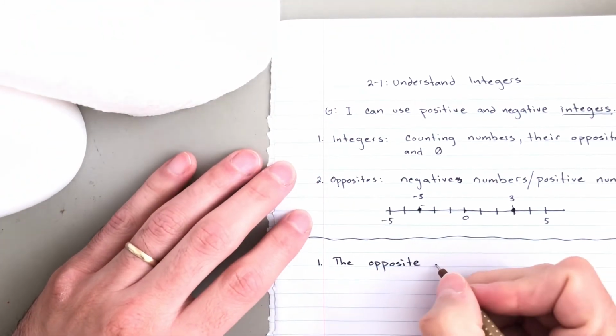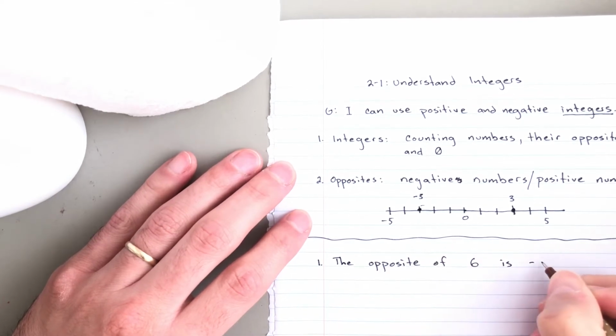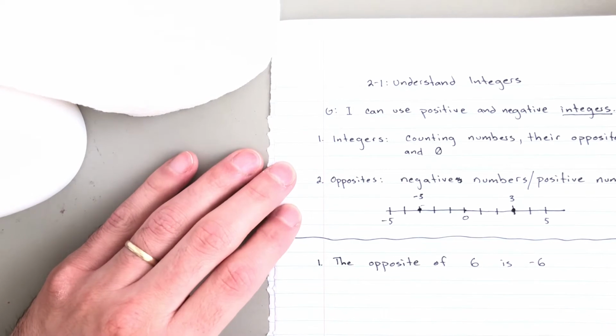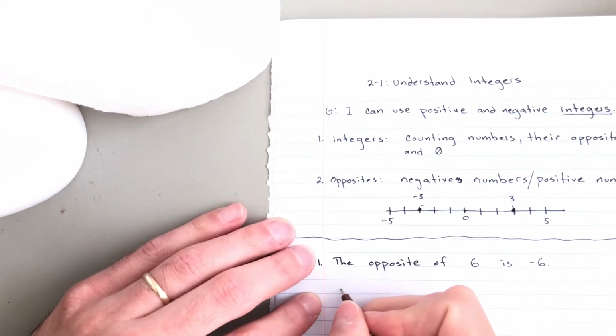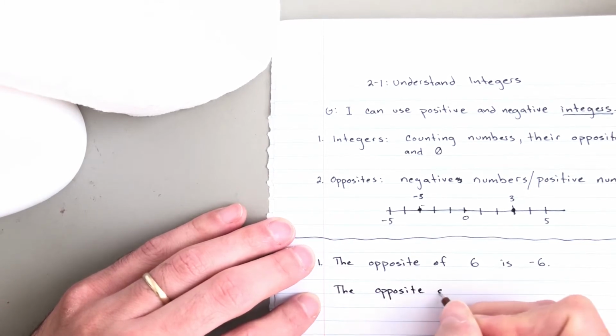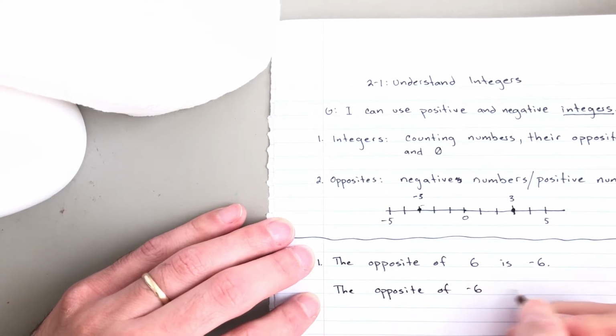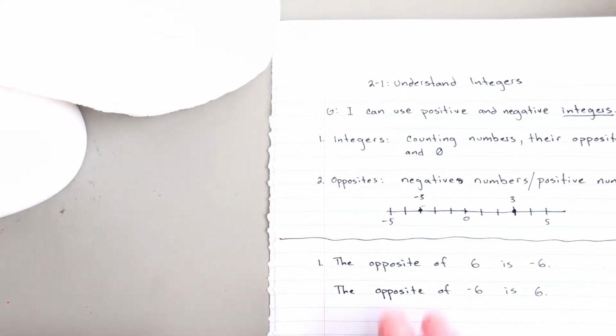The opposite of 6 is -6. Just bear with me. I know this seems really simple because it kind of is. The opposite of -6 is 6.